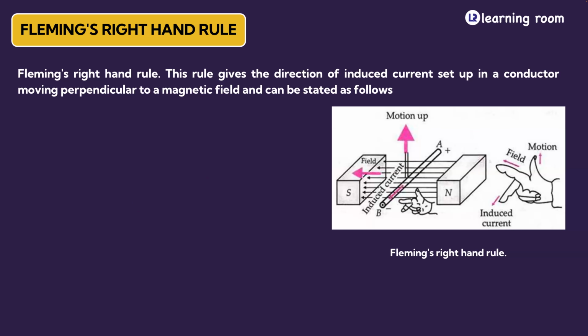So now we will try to understand how to find the direction of induced EMF in this kind of scenario by using a rule called Fleming's right hand rule.